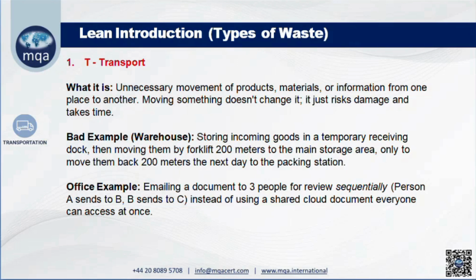A bad example of this is storing incoming goods in a temporary receiving dock, moving them by forklift to some other storage area, again bringing them back next day to the packing station. Unnecessary. The way we structure the office and the workflow, it should be very seamless and smooth with minimum back and forth. I remember earlier in the banks, it used to happen.